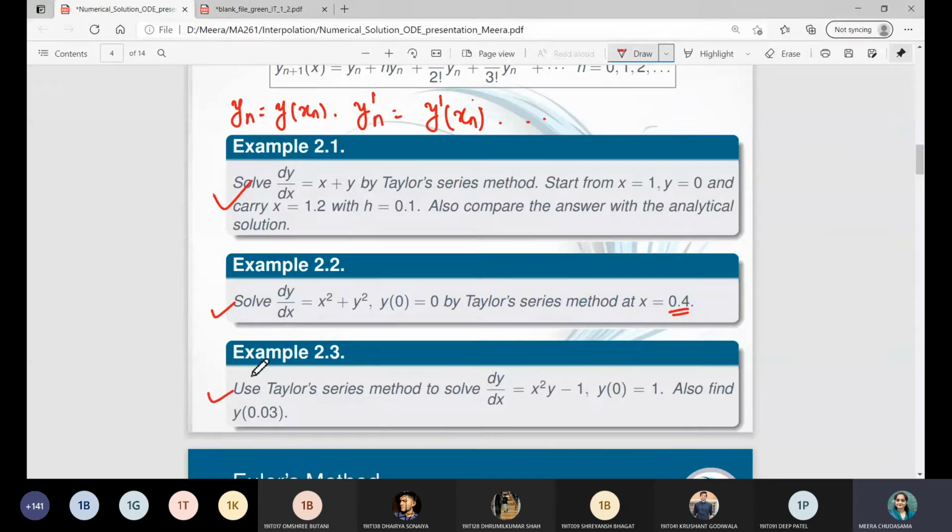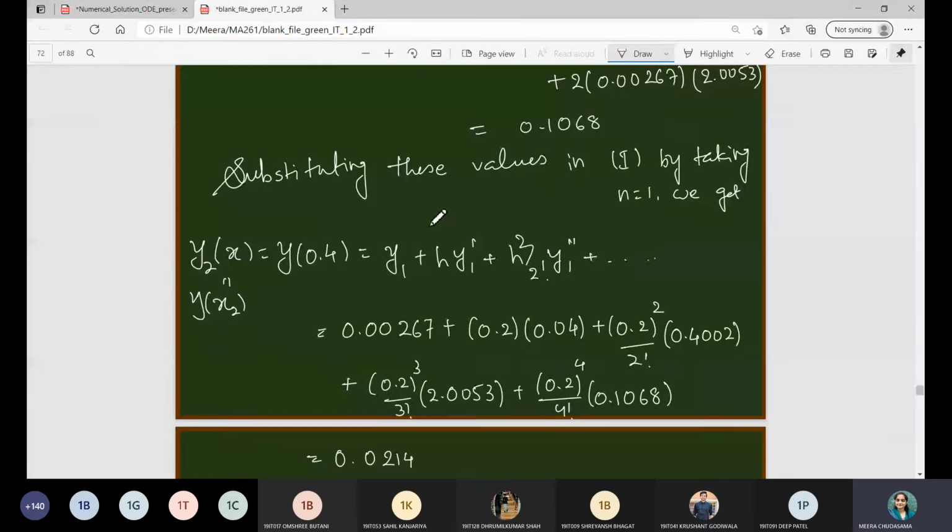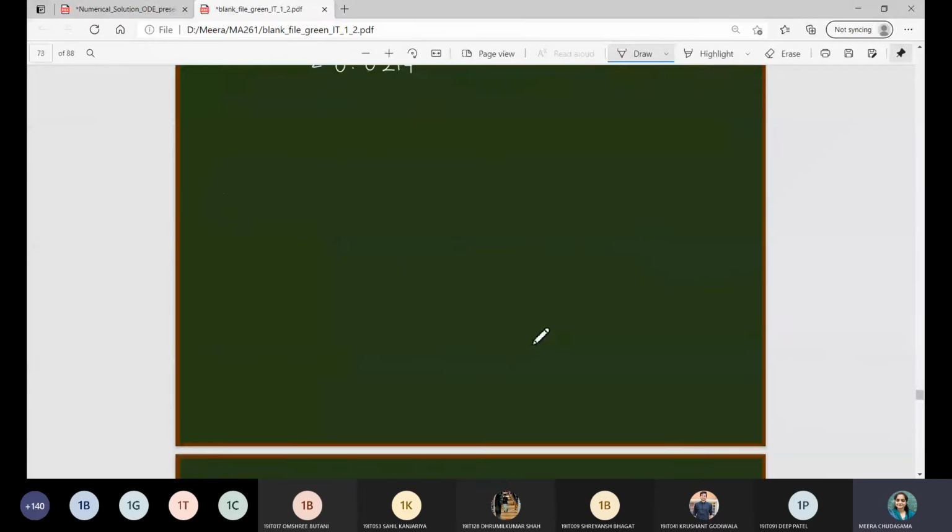Now you try this one. dy by dx is equal to x square y minus 1. y0 is 1 we are given, and you are asked to find out y at 0.03, right? So now you can see initial point we are given is 0.